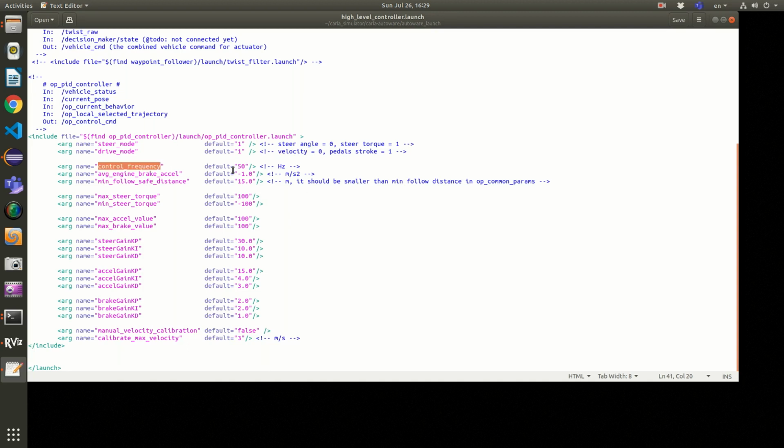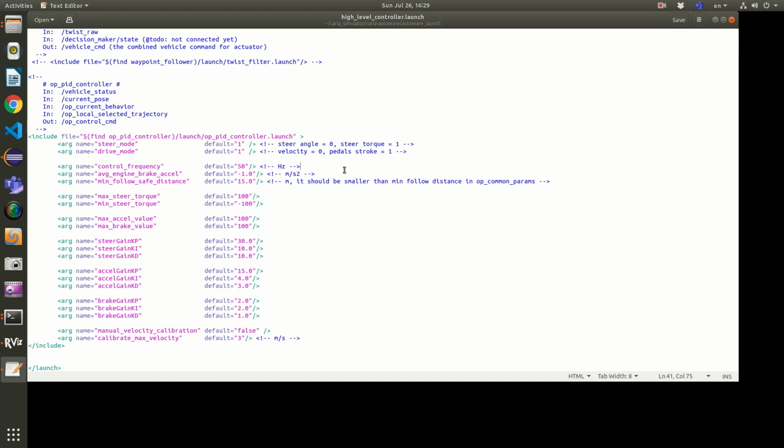For the control frequency, the PID controller frequency, we can set how long each frame will take.